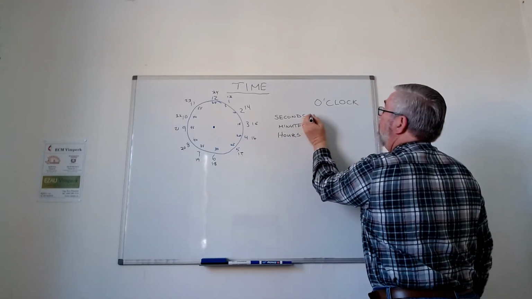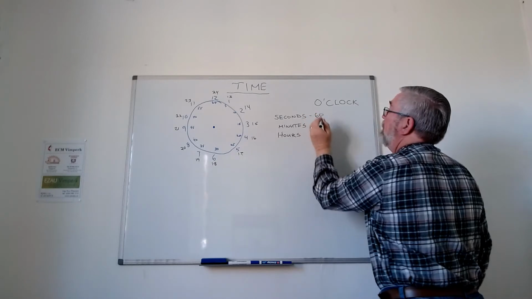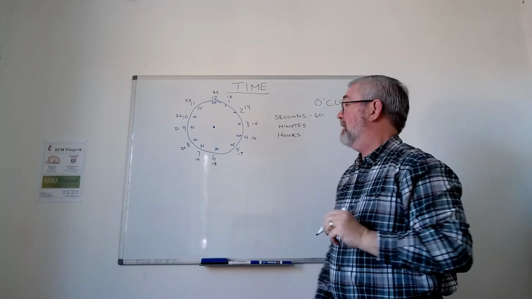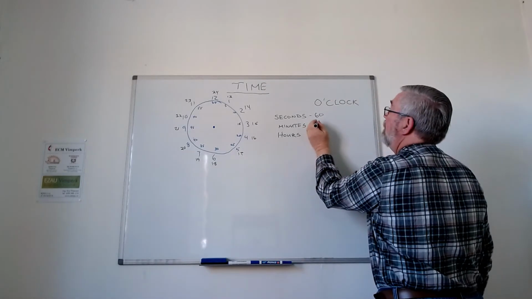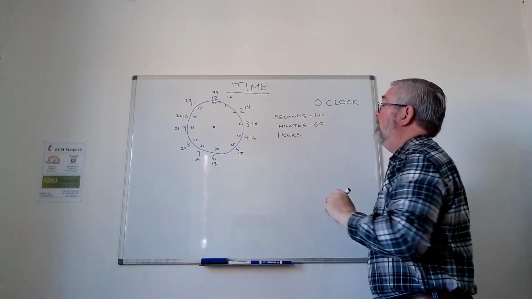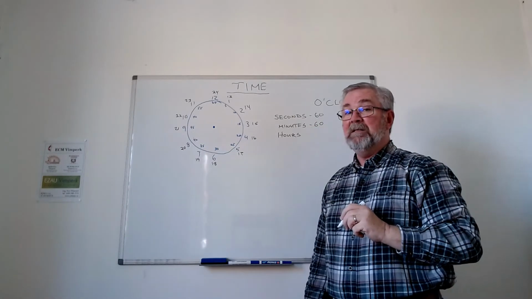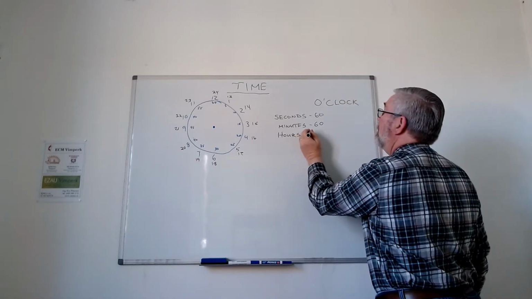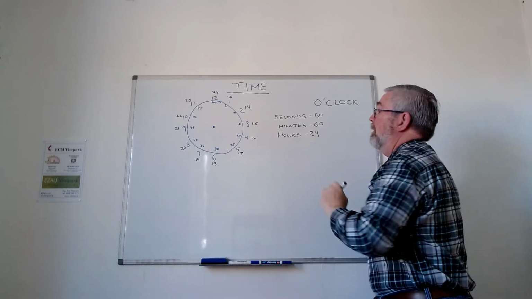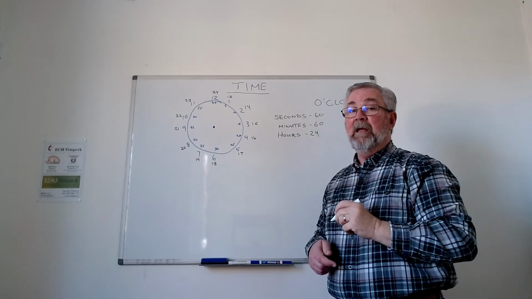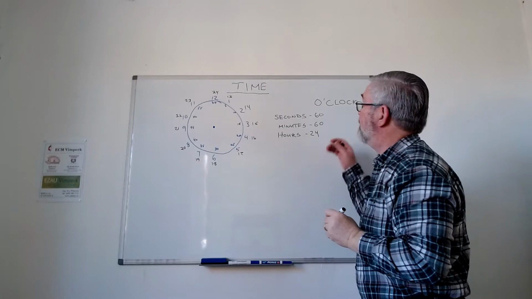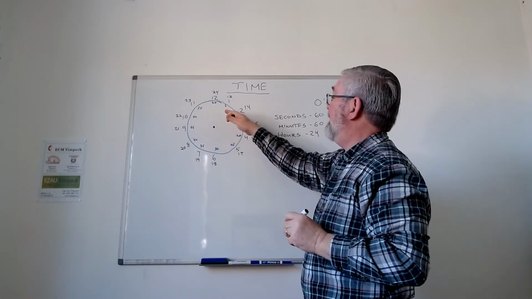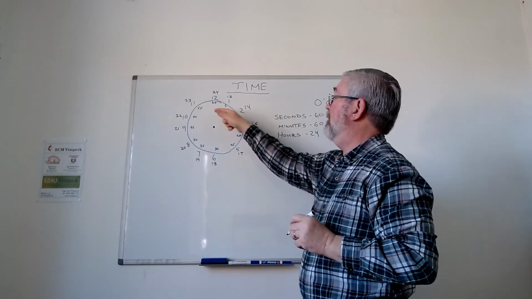There are 60 seconds in 1 minute, right? There are 60 minutes in 1 hour. There are 24 hours in 1 day. All right, so everything is broken into seconds, minutes, and hours.